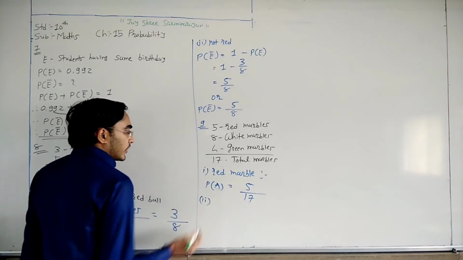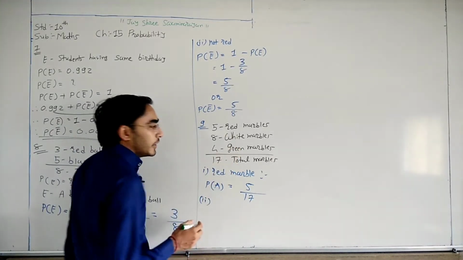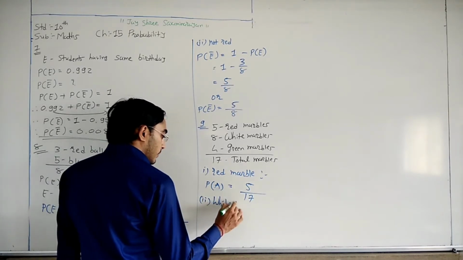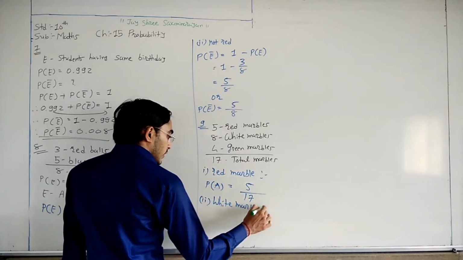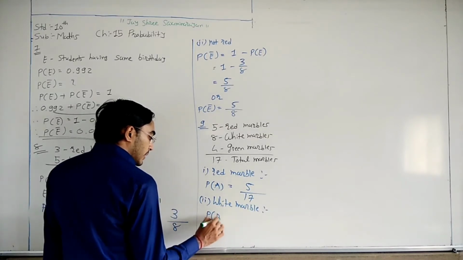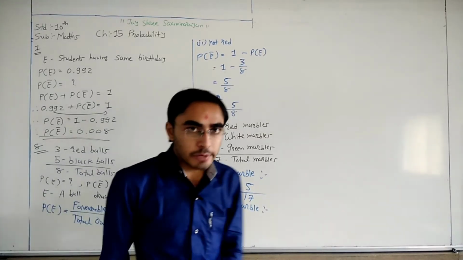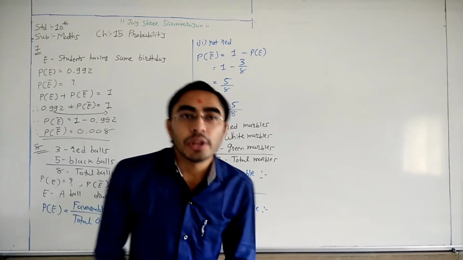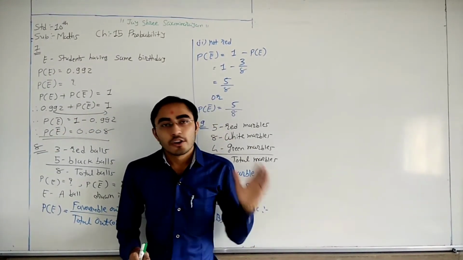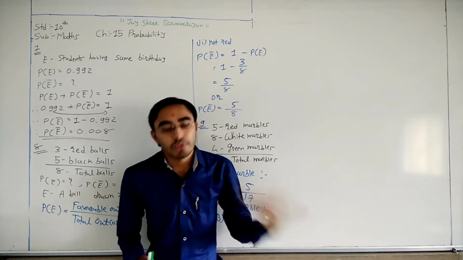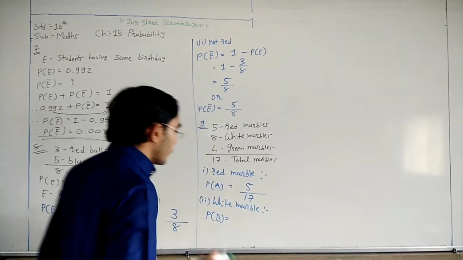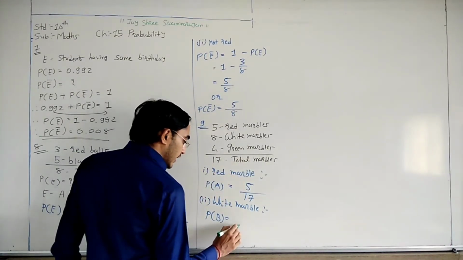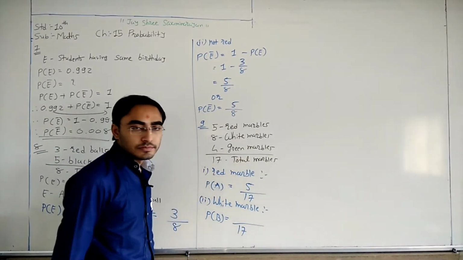And second probability, that we need to find for the white marbles. White marble. So here probability of event B. Event B means select a white marble. Again we need to think about the 2 things, total outcomes and favorable outcomes. So for total outcomes, that means total number of marbles, again it remains as it is 17.